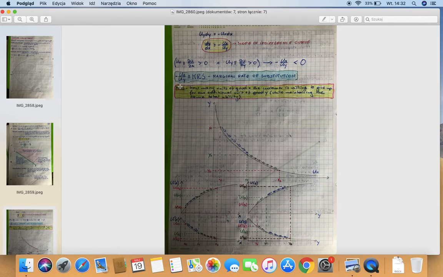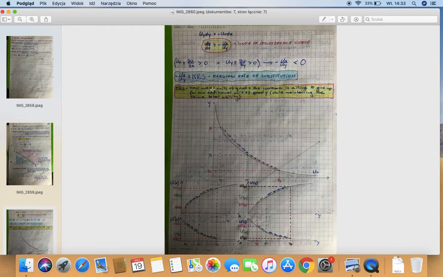Marginal rate of substitution is simply telling you how many units of good X the customer is willing to give up for one additional unit of good Y while maintaining the same total utility. So the same satisfaction.